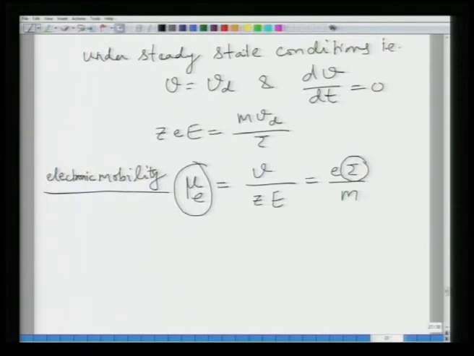So, as tau increases, mu_e increases, and what does tau depend upon? Tau depends upon your scattering events. So, what are the things which scatter? Basically, tau decreases as temperature increases.